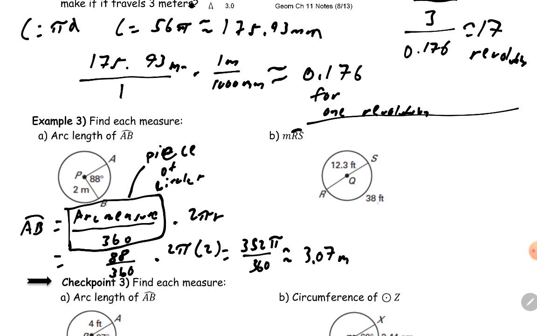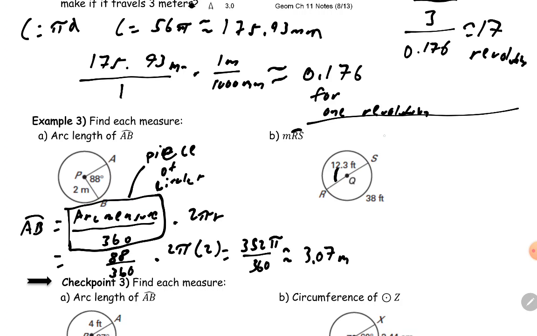That's odd. Oh, okay. That's why I was confused. Because this doesn't look like the diameter if you look closely, and it's not. They're just telling you that the radius is 12.3. Alright.